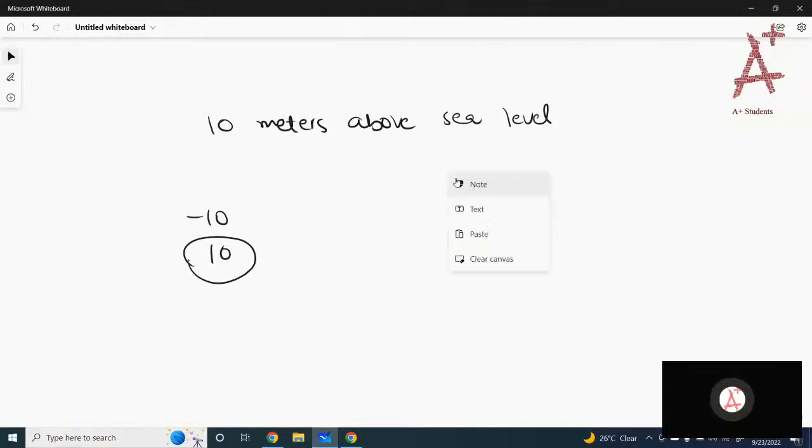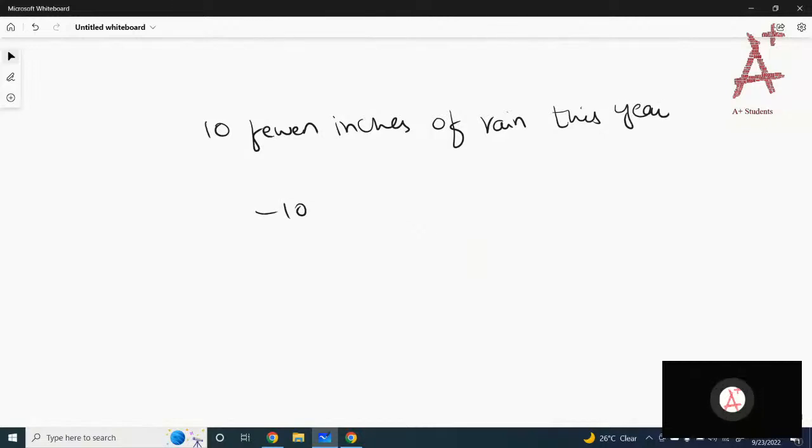Okay, the next one is 10 fewer inches of rain this year. So is it positive or negative? It is negative because it is fewer. Fewer means it's a decrease, so it's a negative. Got it?